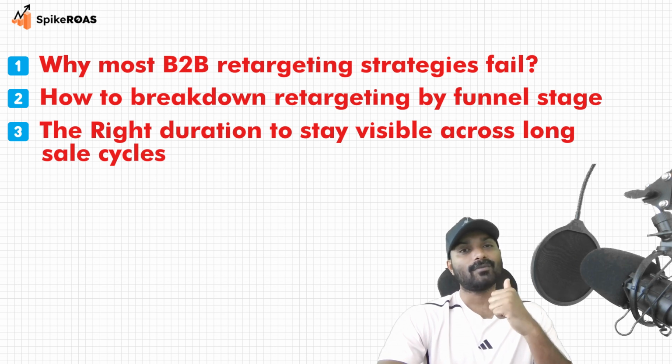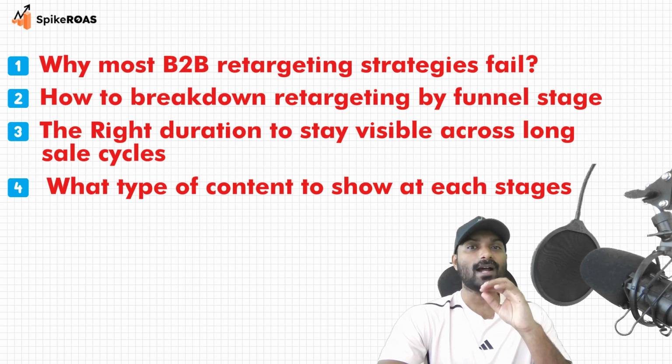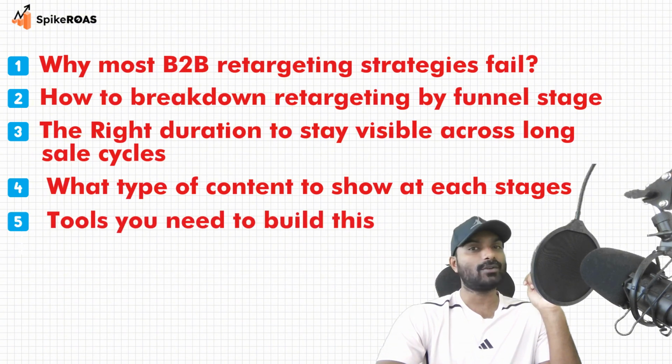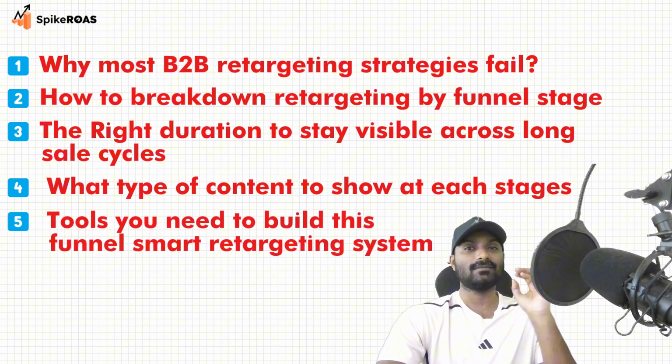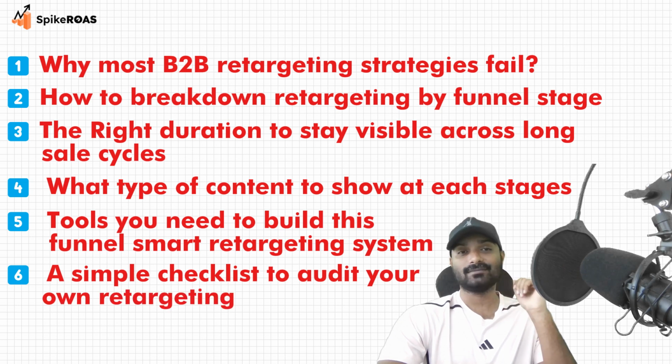Our fourth topic will be what type of content to show at each stage. In the fifth topic, we'll cover tools you need to build this funnel smart retargeting system. And finally, a simple checklist to audit your own retargeting today.